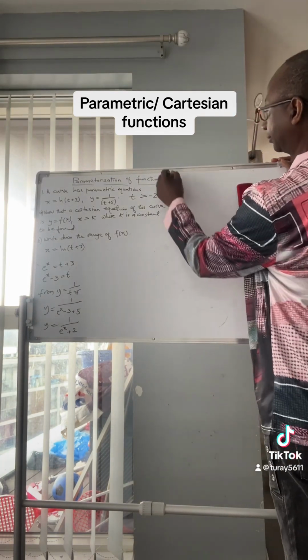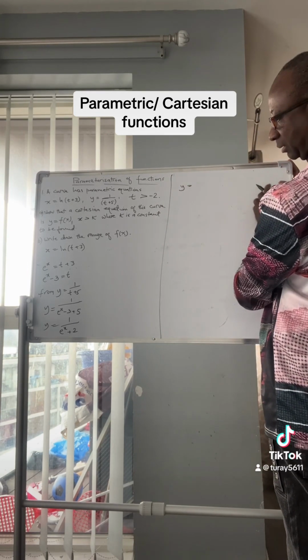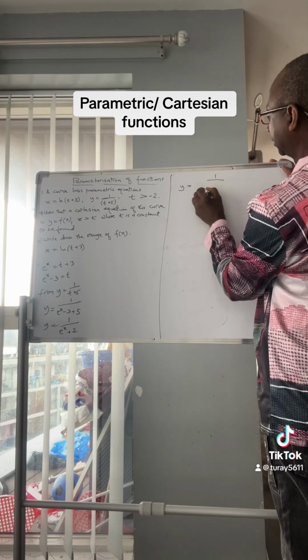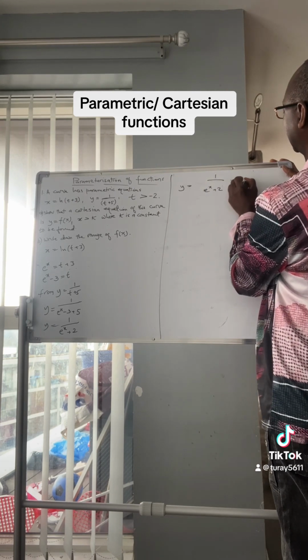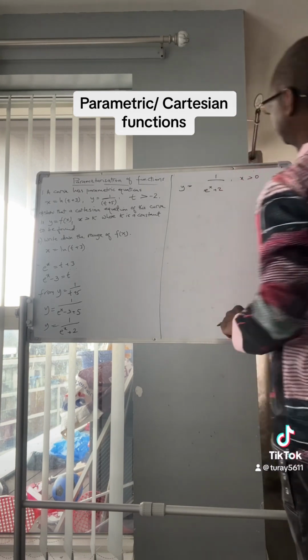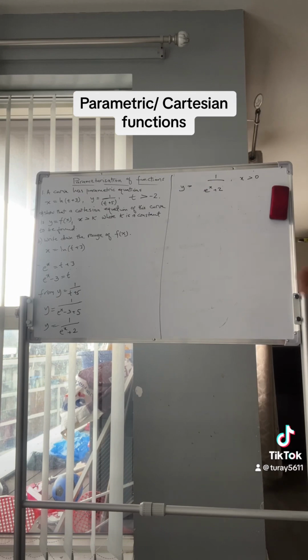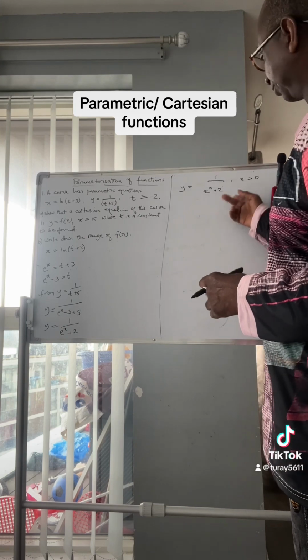Now you have y equals 1 over e raised to the x plus 2, and x is greater than 0. x has to be greater than 0 for this function to be correct. And that is the domain of f of x.